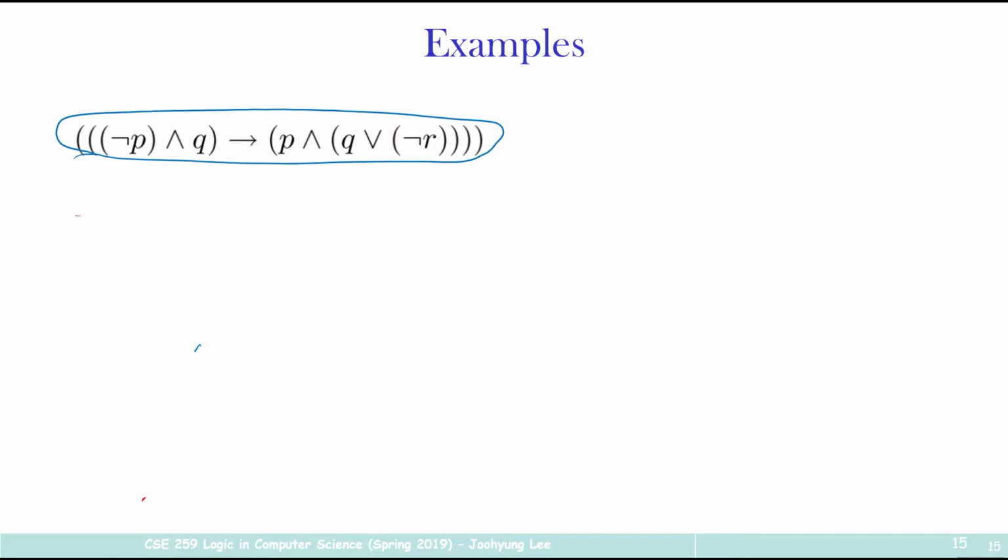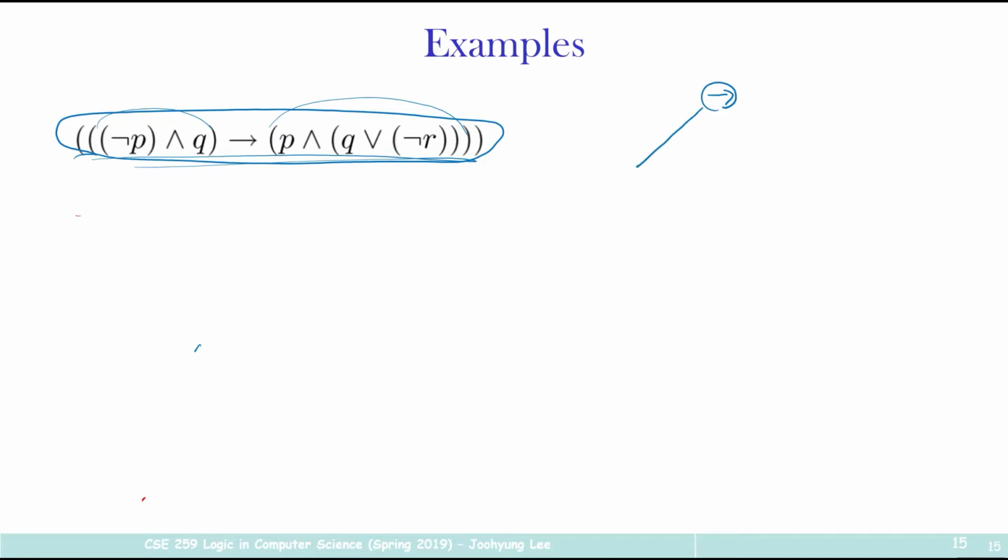So this is a formula of the form F implies G, right? So implication is the so-called outermost connective, and this becomes the root node.